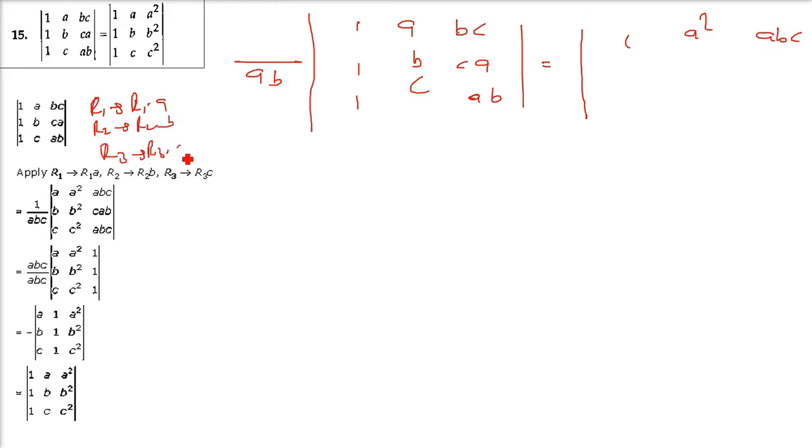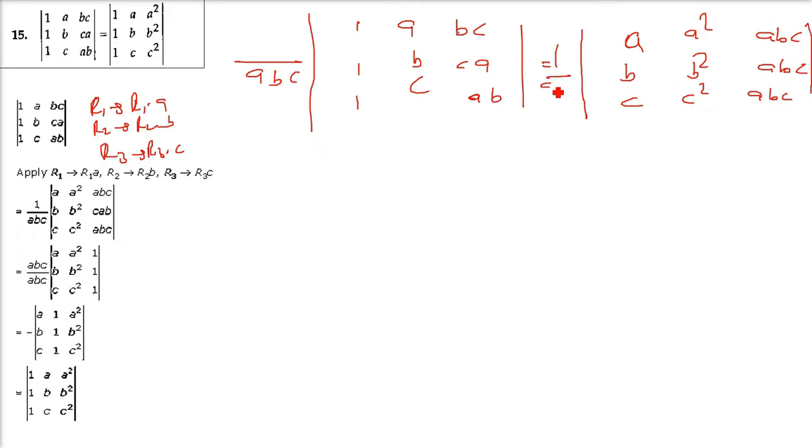So our R1 is R1 into a, R2 is R2 into b and R3 is R3 into c. Let us take them one by one. We multiplied the first row with a, the second with b. This is a squared, abc is the first row, b squared, abc is the second row, then c squared, abc is the third row.